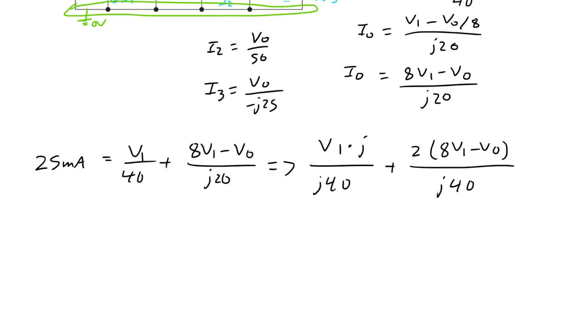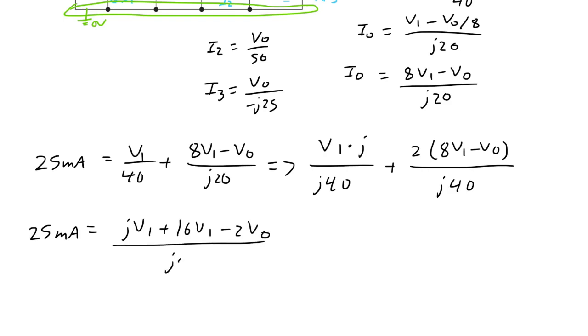Combine the terms, so 25 milliamps equals JV1 plus 16V1 minus 2VO divided by J40. That ends up being, multiply both sides by 40J. So 1 over 40 is 85 milliamps.